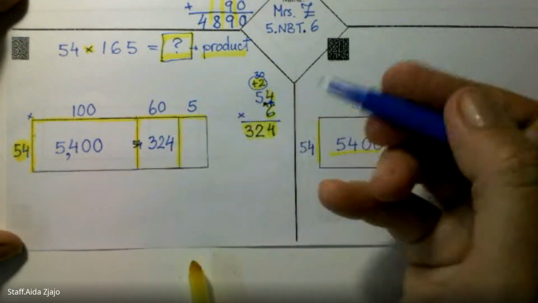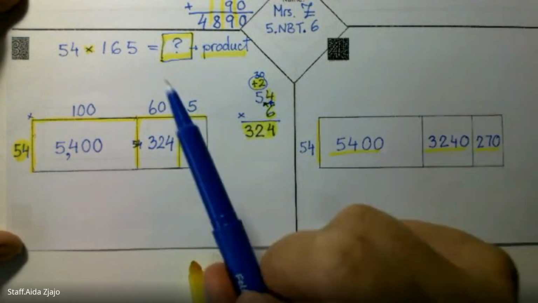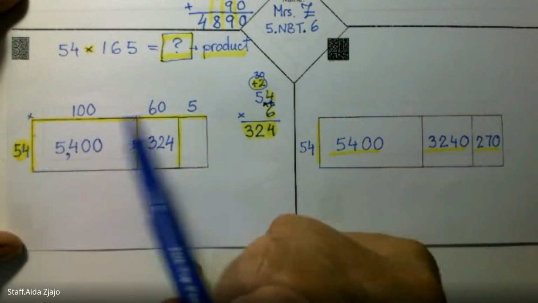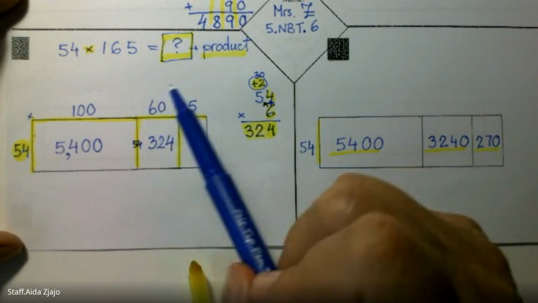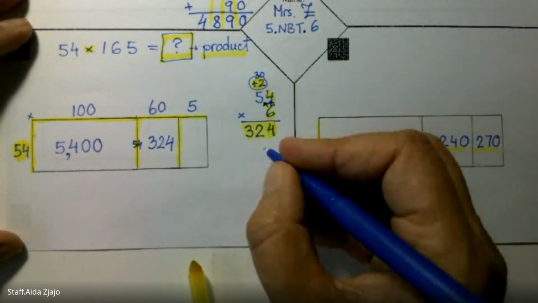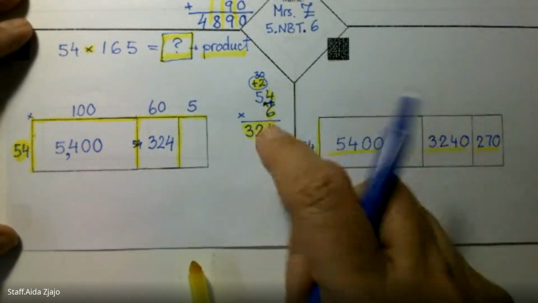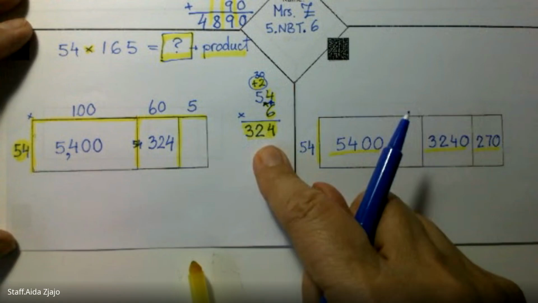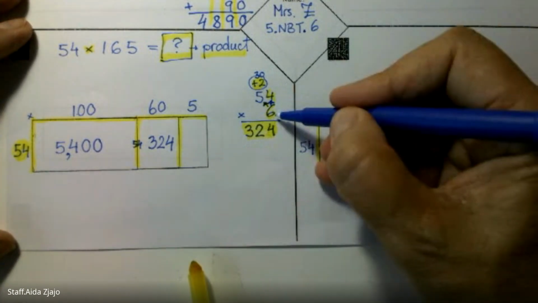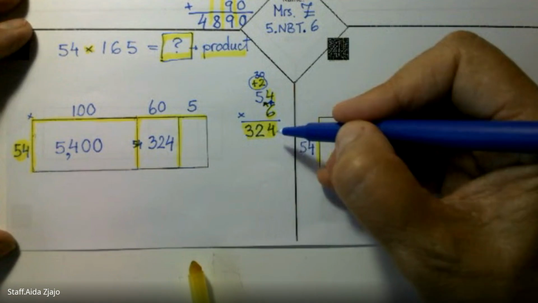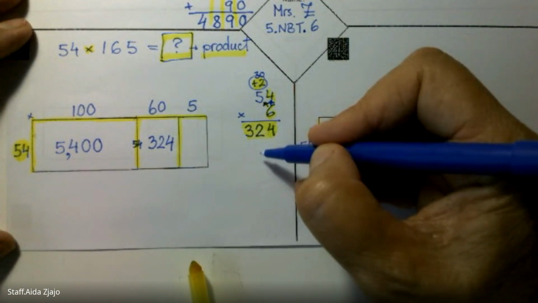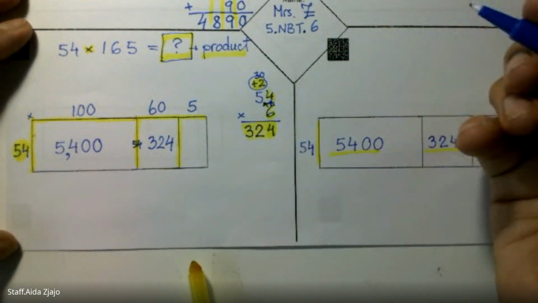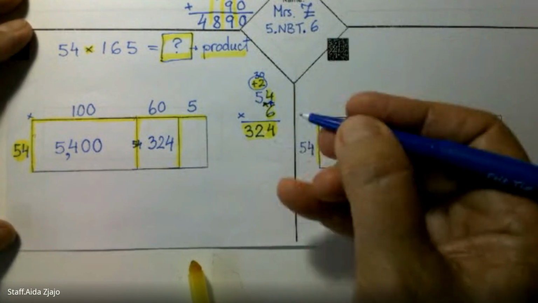So here is 324. And then now you have 5 times 54. It's the same thing. We can just do the solution 324 minus 54. The logic is if I take away 54, then I will have the solution for that. It could be done that way.